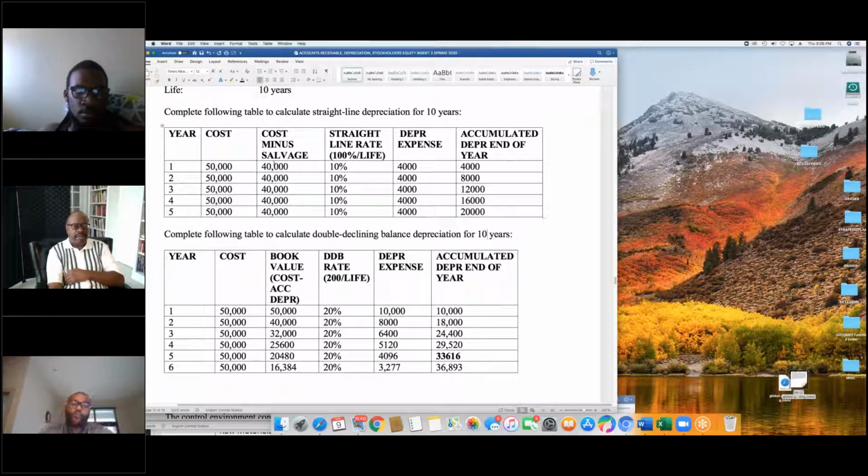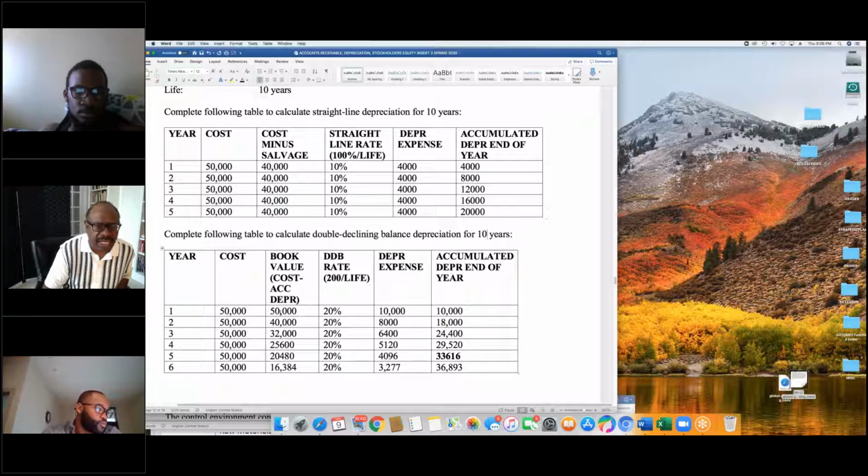Now, we won't depreciate below salvage, but we're going to base our depreciation on 50,000. But now it's the life divided into 200%, so it's twice the straight line rate. Our rate is 20%. So we take 20% of 50,000. Depreciation the first year is 10,000.